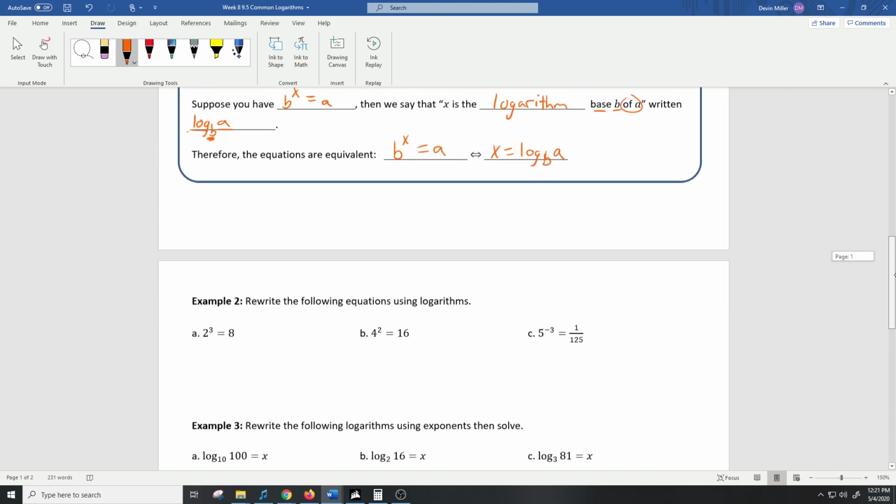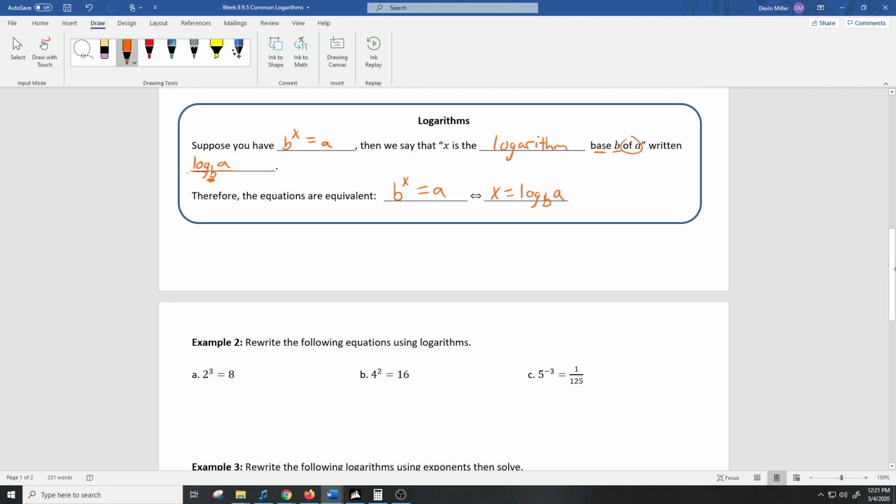Example 2. I'll keep this up here as well. Rewrite the following equations using logarithms. So I'm going to practice going from the left-hand side over here to the right-hand side. We have 2 to the third equals 8, which is actually a true statement. 2 to the third is 8. We're just going to practice rewriting it using logs. So what would that mean?